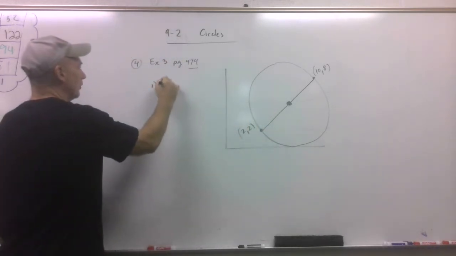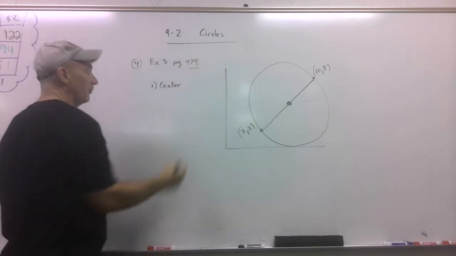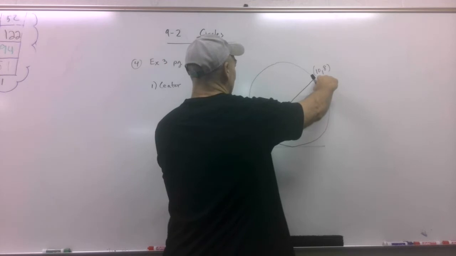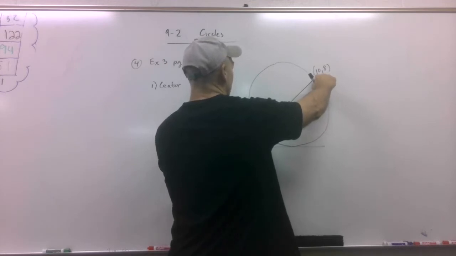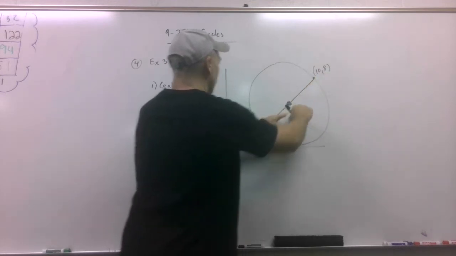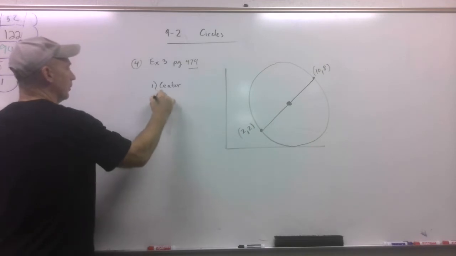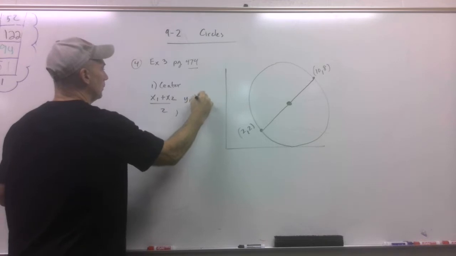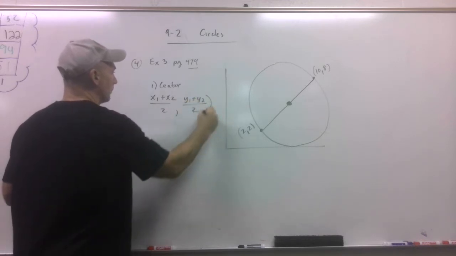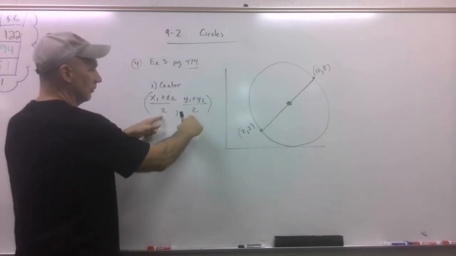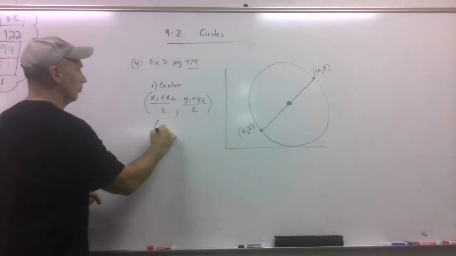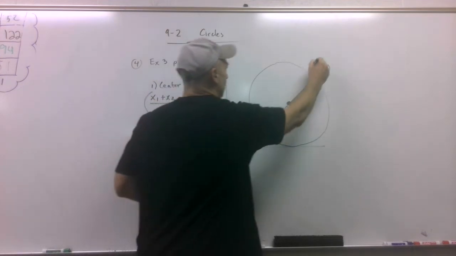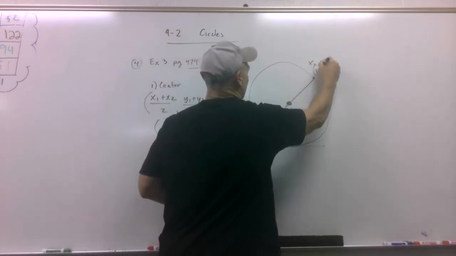Well, we got to know the center. Now here comes those formulas from the pre-lesson. If I've got these points on the outside, and then points of my diameter, I've got to use the midpoint formula to find that. The midpoint formula is x1 plus x2 over 2, comma, y1 plus y2 over 2. Now remember, it's a midpoint, so it's going to look like a coordinate. So you're just going to say, all right, here's my first x, here's my first y, here's my second x, here's my second y.